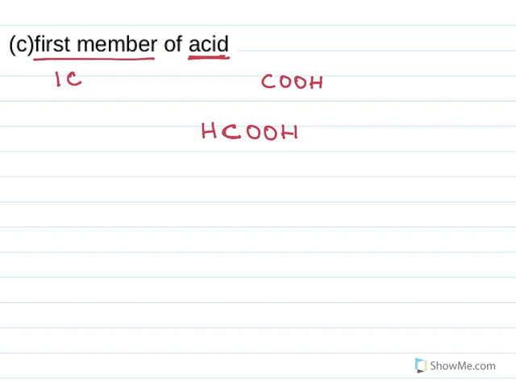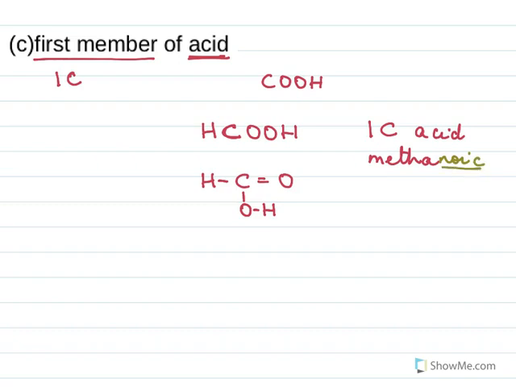The structure of this will be H, C double bond O. Oxygen always has a double bond, and this is OH. This is a 1 carbon acid, and because it is 1 carbon, it is methane. So methanoic acid, "oic" because it is an acid. So methanoic acid is the first member of acid.